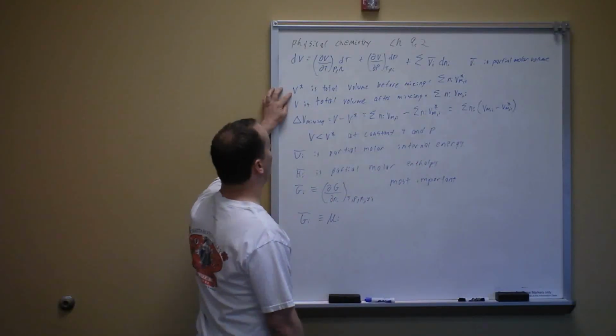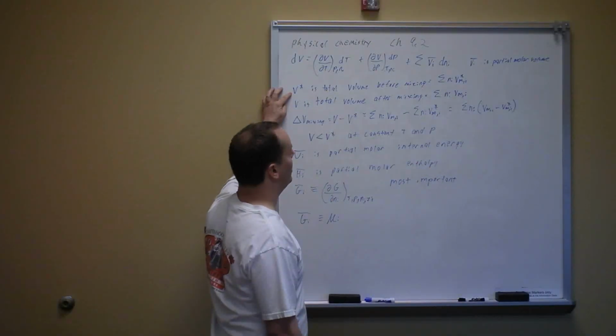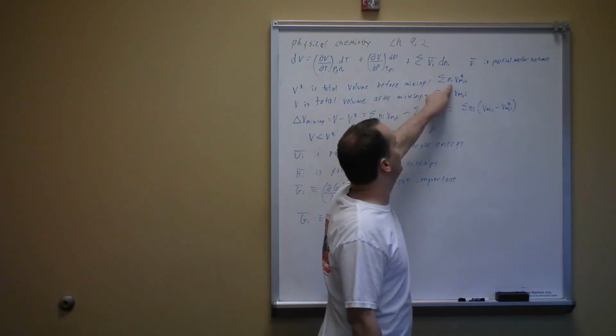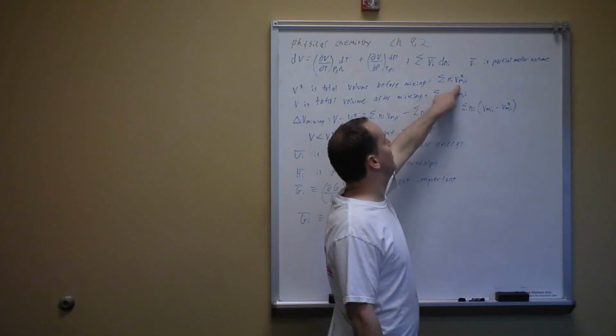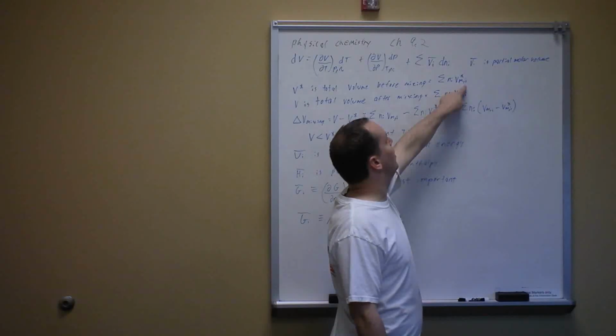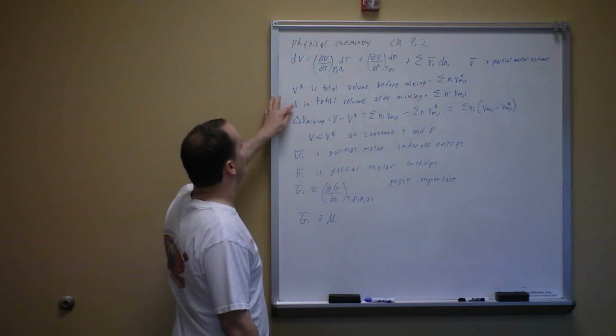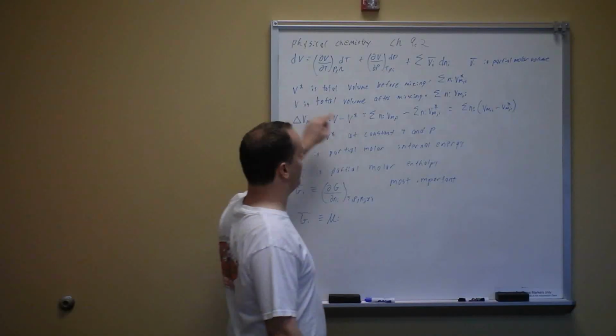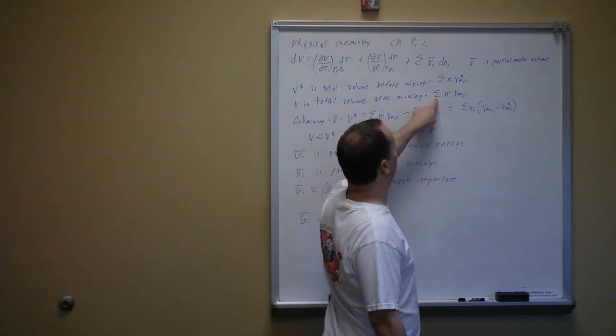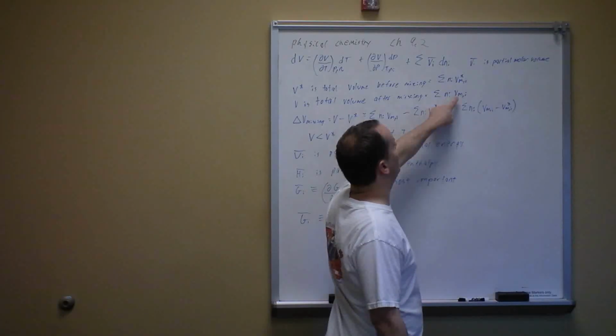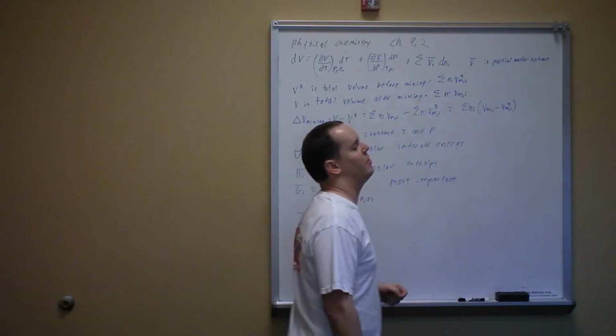Now remember, we said V star is the total volume before mixing, calculated by adding up N_I, the amount of substance I, times the molar volume of I star, the unmixed molar volume of I. And V is the total volume after mixing, which is also a sum over all substances I of the quantity times the partial molar volume of substance I.